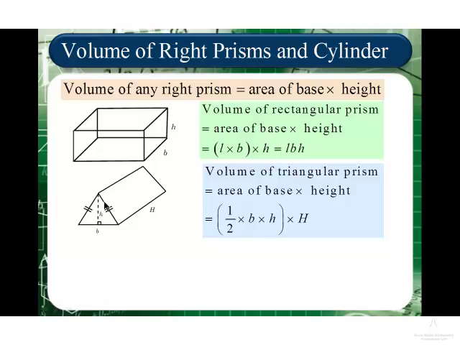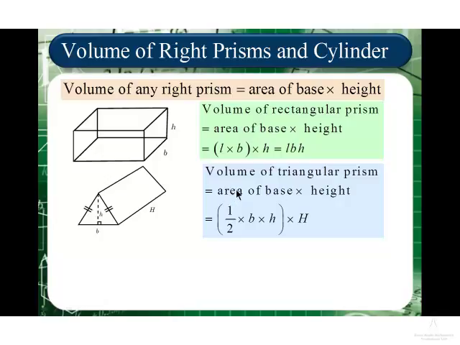We know that the area of this particular base is given by a half times the base times the height, in this case small h because it refers to the height of the triangular base, times capital H, which represents the distance between the base and the top in this situation.